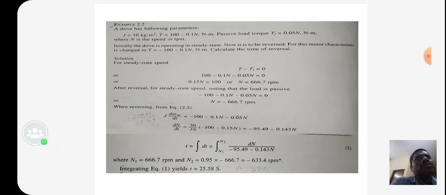So dn upon dt is equal to 30 upon J pi within bracket minus 100 minus 0.15 n, which comes to minus 95.49 minus 0.143 n.